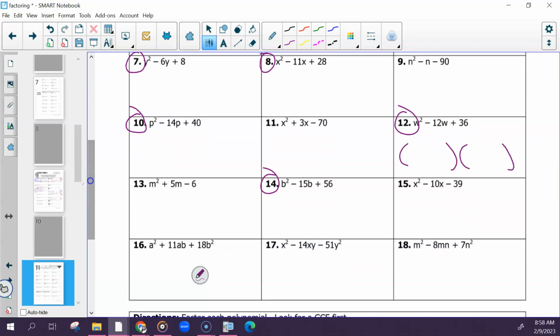Okay. See if you can find, well, let's do this one and then we'll talk about factors. Factors of 36. Okay. Say it again. 4 and 9.